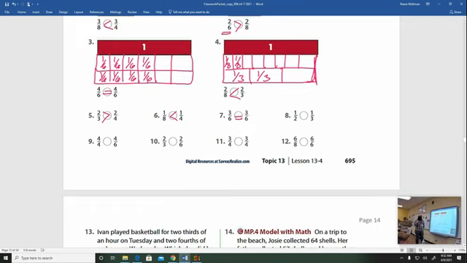Equal. 1/2 and 1/3. 1/2. 2/3 and 2/6. 3/4 and 3/4. Equal. Good. 6/8 and 6/6. 6/6. That's right.